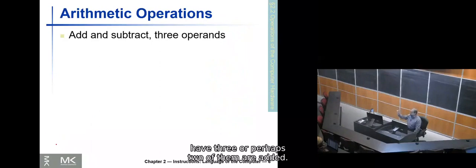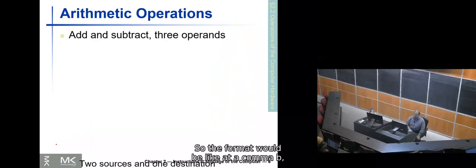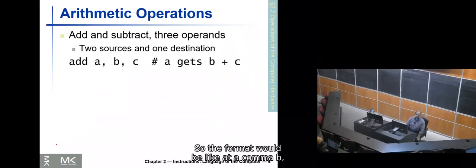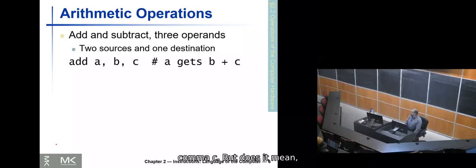Two of them are added, and the result will be put in the destination. So the format would be like that. Add A, comma, B, comma, C. What does it mean? It means that B and C are summed up, and the result will go to A.